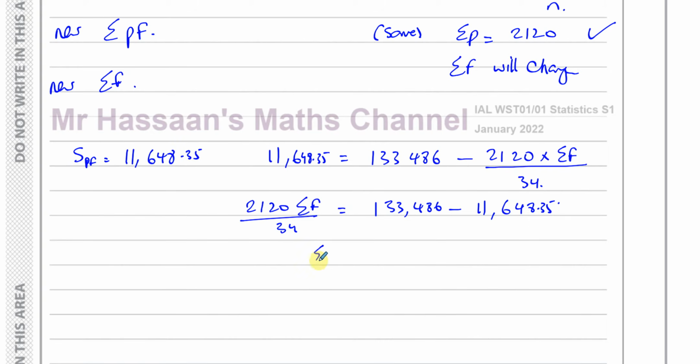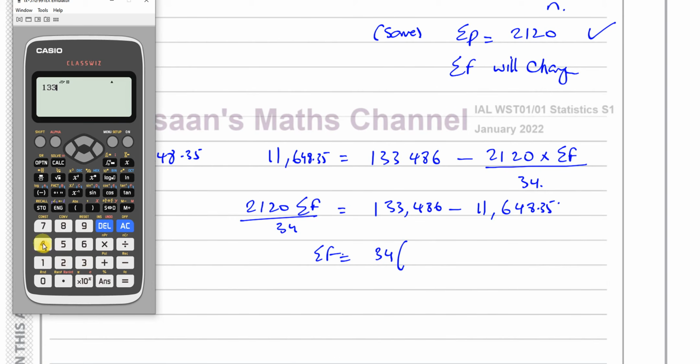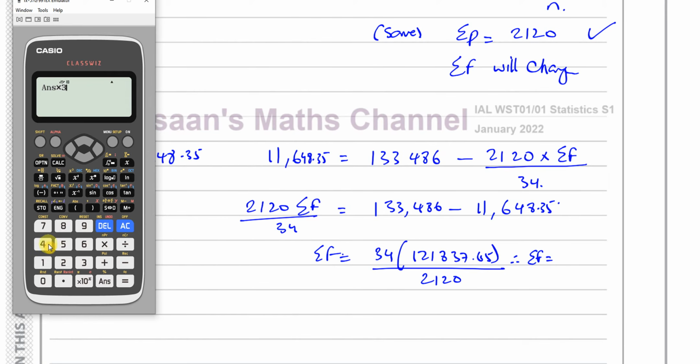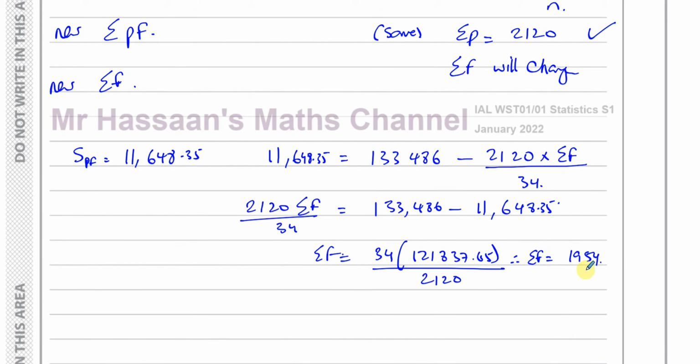So the sum of F is going to be 34 times this over 2,120. 133,486 minus 11,648.35 is 121,837.65. Just rearranging this equation, the sum of F is equal to this times 34 divided by 2,120, which gives us 1,954.00. Leave it like that. That's fine. So that's the old sum of F.